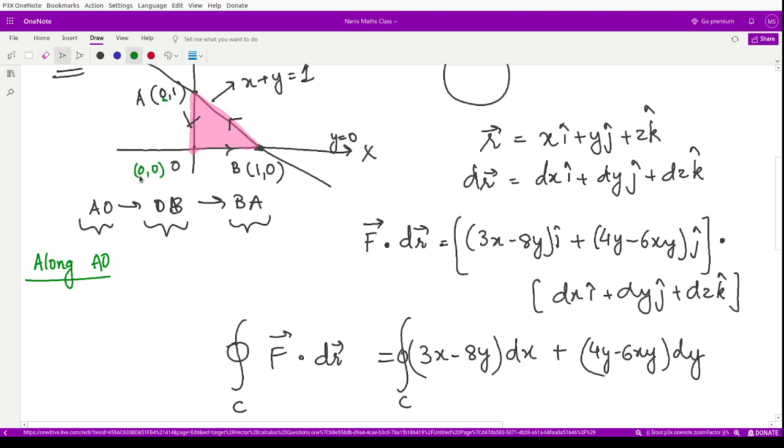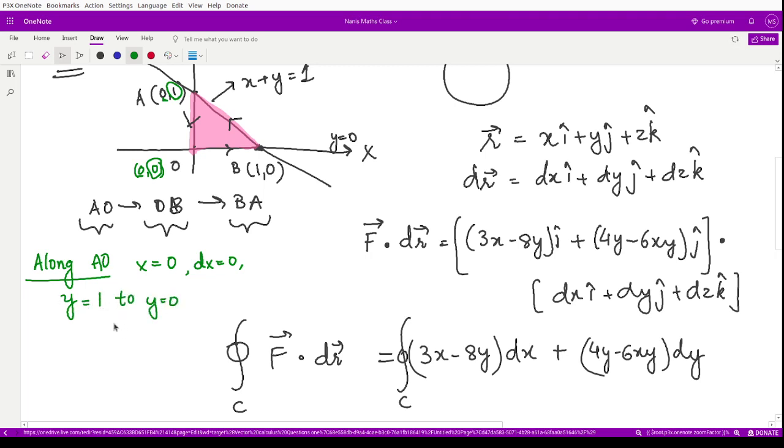So x is constant, and that constant is equal to 0. If x is 0, then its derivative dx would also be 0. The limit here would be for y, because y is varying. Now y is varying from the point 1 to the point 0, because we are moving from A to O and not from O to A. So your y would be from 1 to 0.